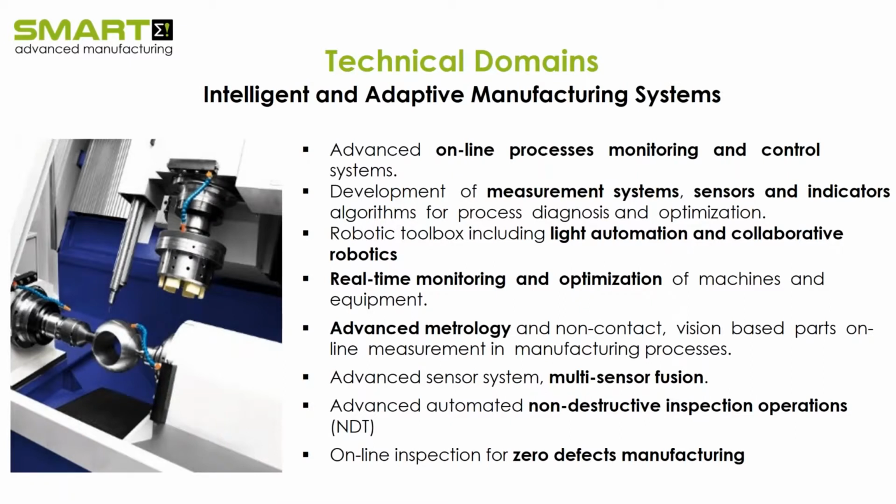A second domain is dealing with the intelligent and adaptive manufacturing systems. This will be more the hardware-related domain, in which we include all the machine tools, the fixturing, also measurement systems, robots, automatization, monitoring, sensors, and advanced metrology, non-destructive inspection systems.